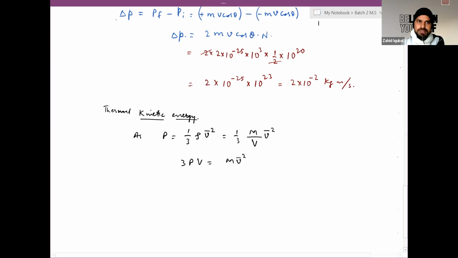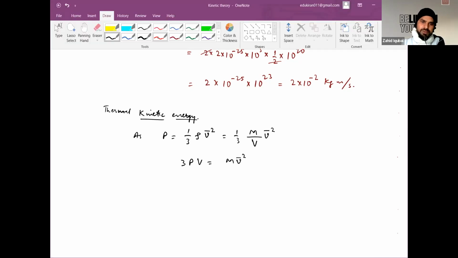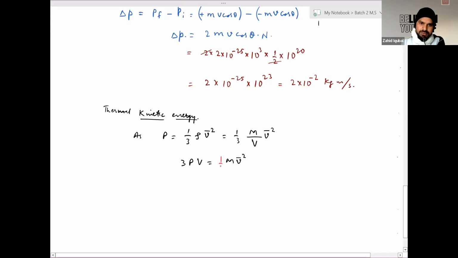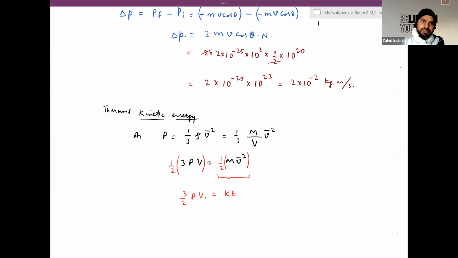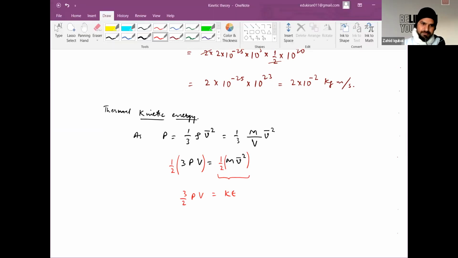Now kinetic energy is nothing but half mv square. So just multiply this expression by half and similarly half on this side. This particular quantity will become kinetic energy and it equals 3 by 2 times P into V. Now we have to convert this expression in terms of temperature.